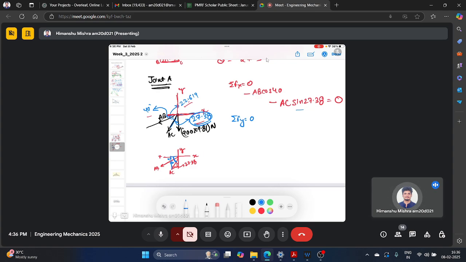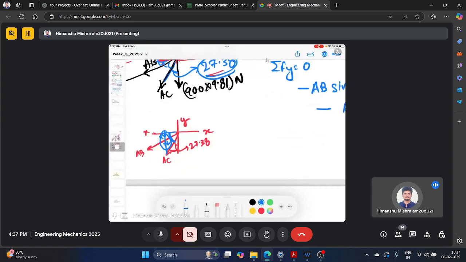Here AB is in the negative direction, so it's minus AB sine 40, and then it's minus 900 multiplied by 9.81, because this is the weight of the box, and minus AC cos 27.38 equals 0.